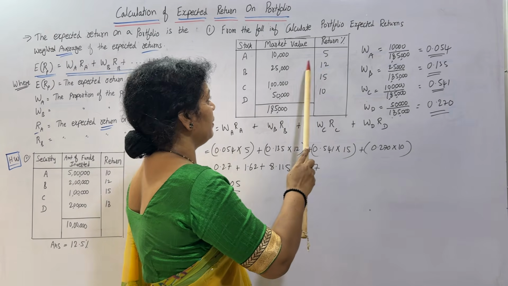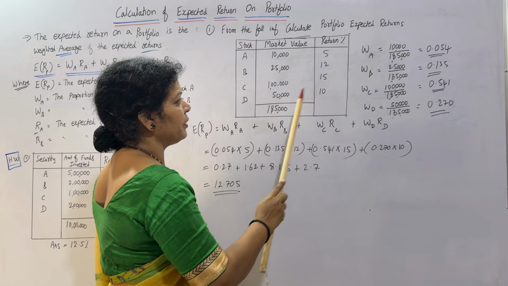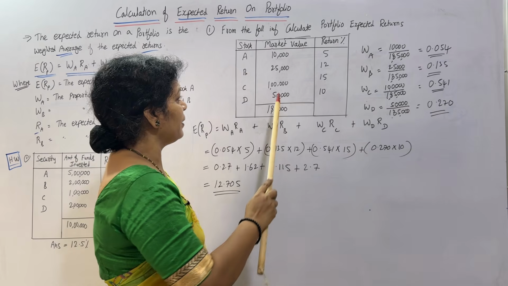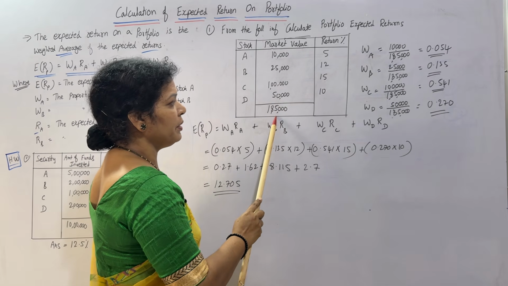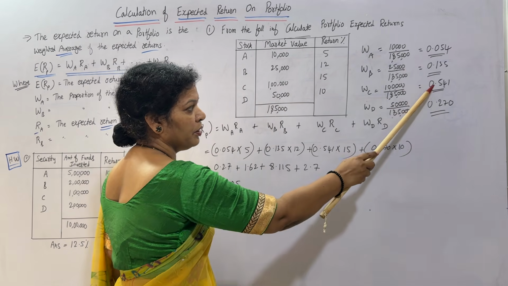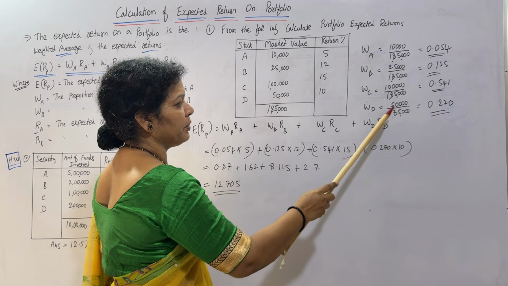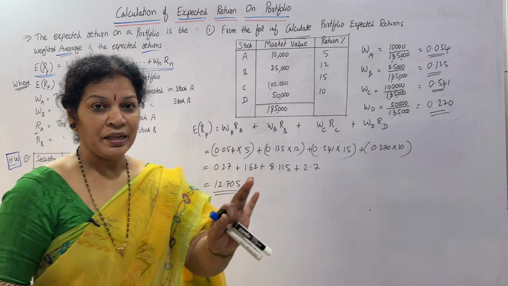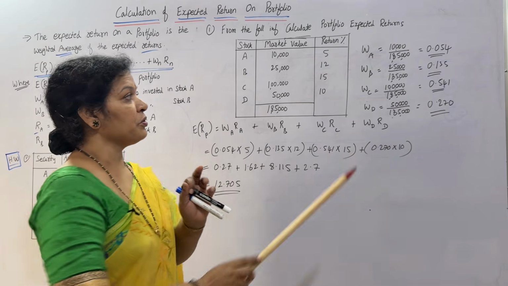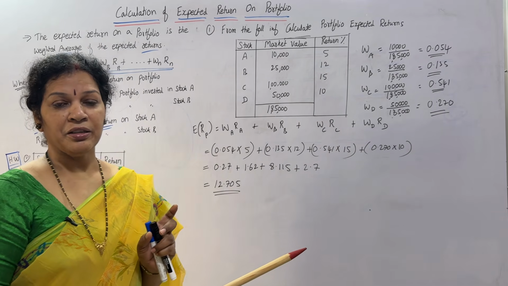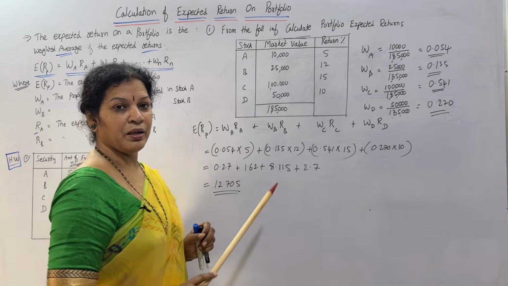In the same way for B, 25,000 divided by 1,85,000, 0.135. C, 1 lakh divided by 1,85,000, 0.541. Then fourth one, 50,000 divided by 1,85,000, 0.270. Like this we got the W values, WA, WB, WC and WD.